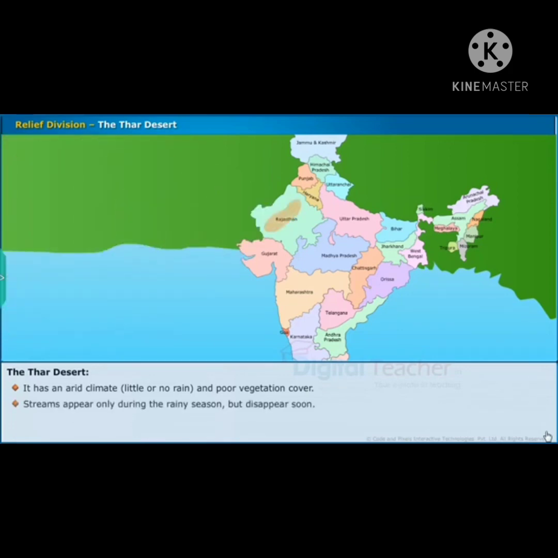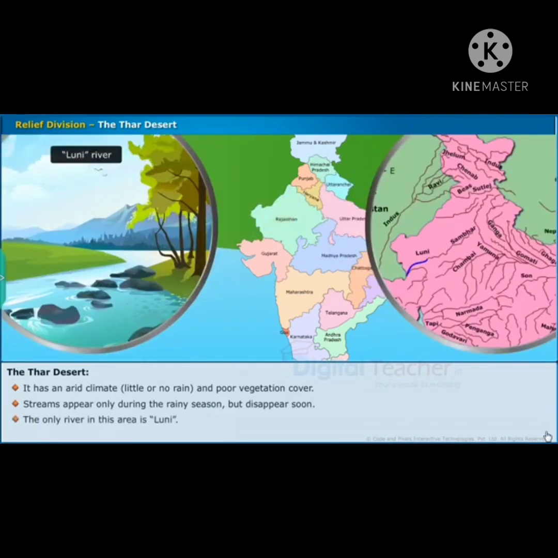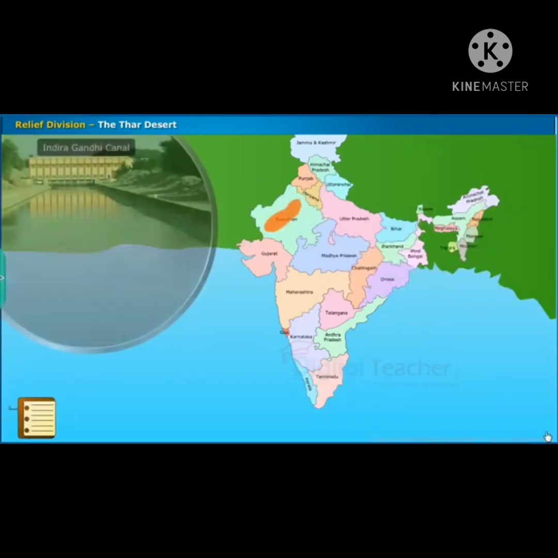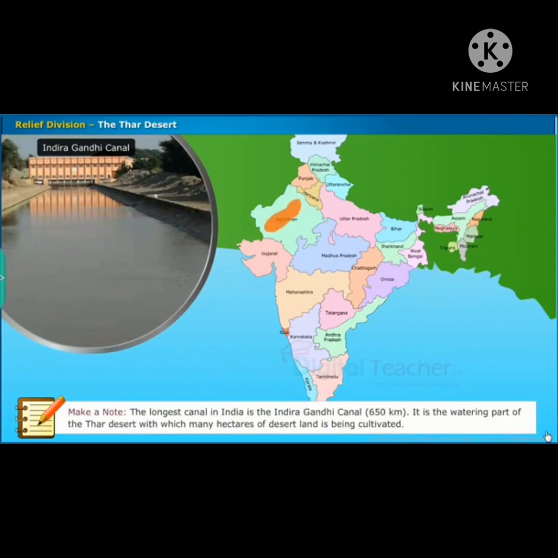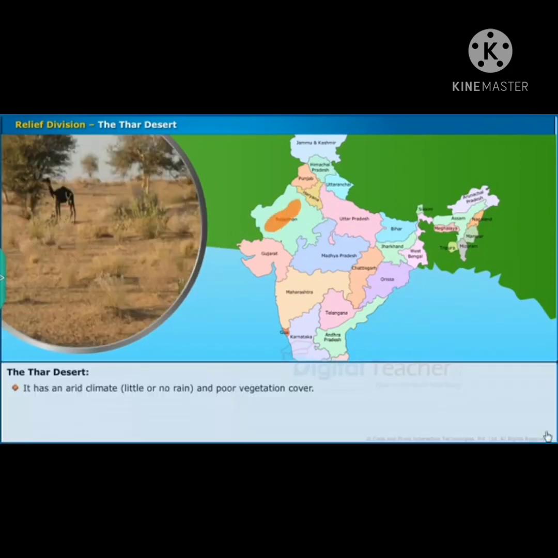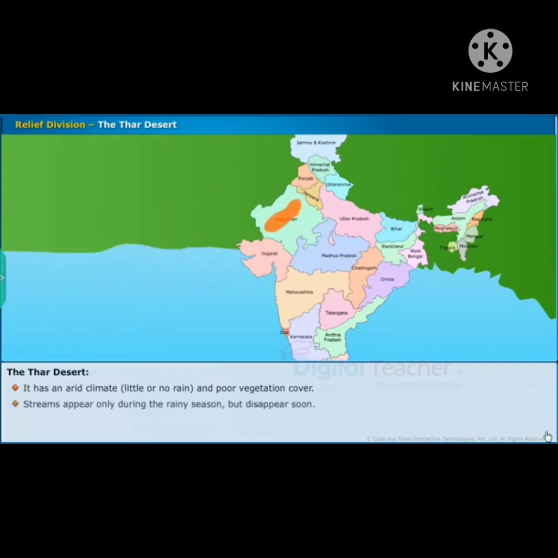Children, once again listen carefully. The Thar Desert is located on the leeward side of Aravallis. It receives the lowest amount of rainfall, ranging from 100 to 150 mm per year. It has an arid climate with very low vegetation, only the desert plants.